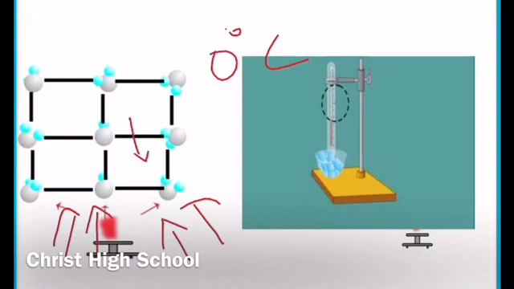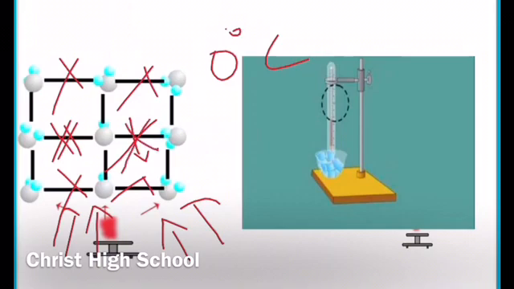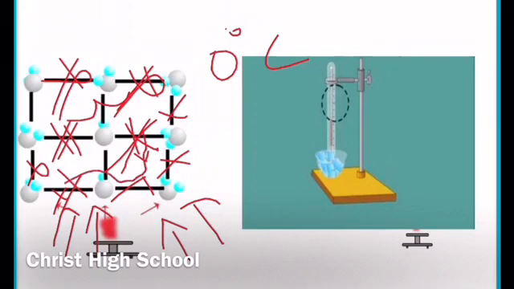It is utilized for breaking the force of attraction. So this is the main point. Whenever the solid reaches its melting point, whatever heat energy it gets is not utilized for increasing the kinetic energy or speed of vibration. It is utilized for breaking the force of attraction.